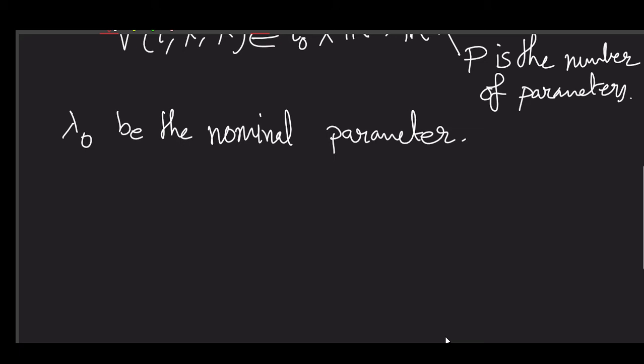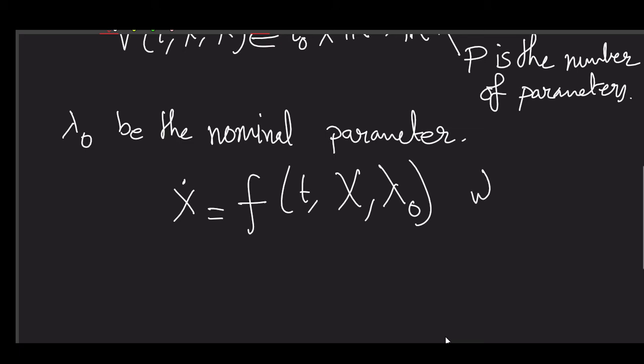So what you will have is a nominal state equation like x dot is equal to f of t comma x comma lambda naught, with x(t naught) equal to x naught, and it will have a unique solution.